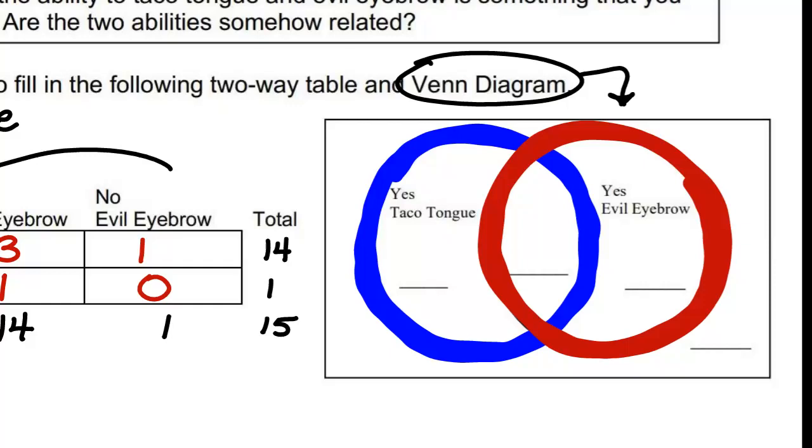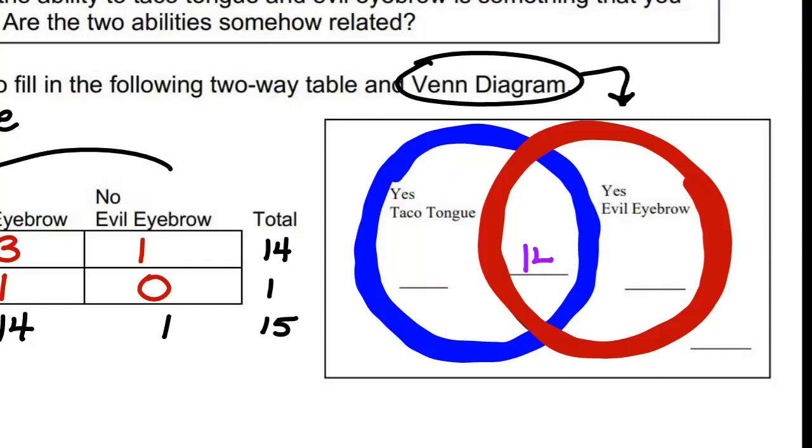In the middle, we call that our intersection, where my two circles are, surprise, intersecting each other. This includes people that fit in both circles, because they can do both. How many people do we have in our intersection? 14. So I'm going to put 14 here. I know that the total for yes, evil eyebrow was 13.